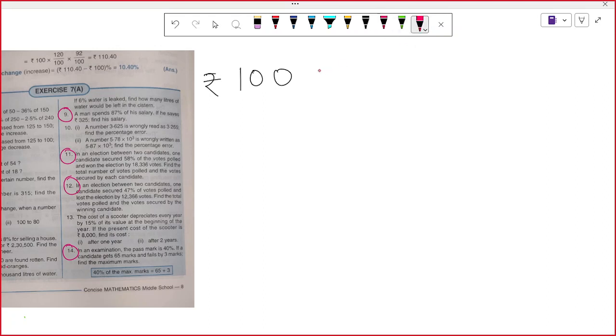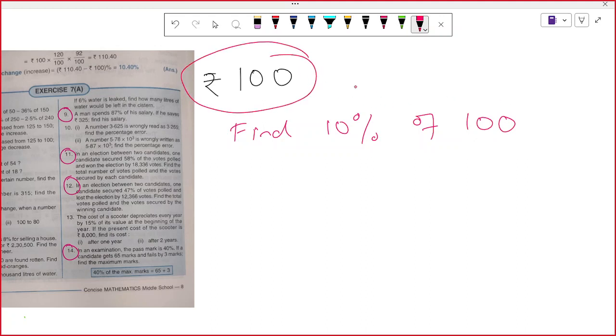Out of 100 rupees, you have to find 10% of 100. What's the entire total value? 100 rupees, right? In that, you have to find 10%.